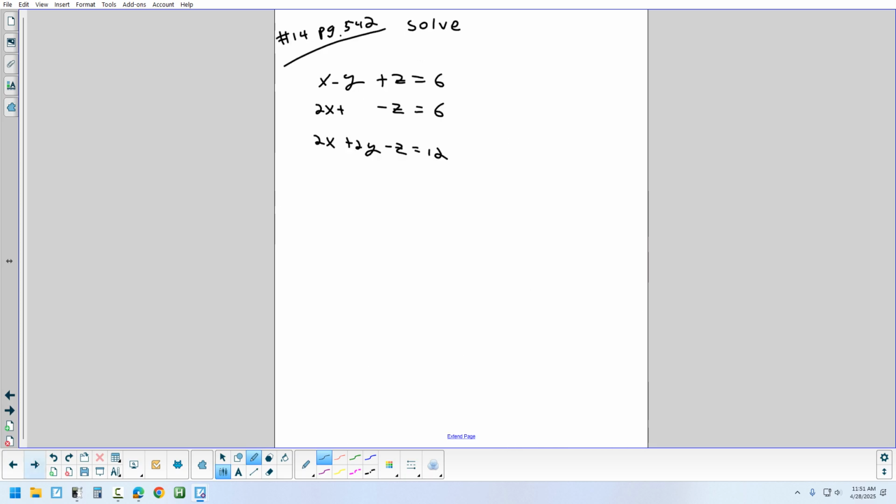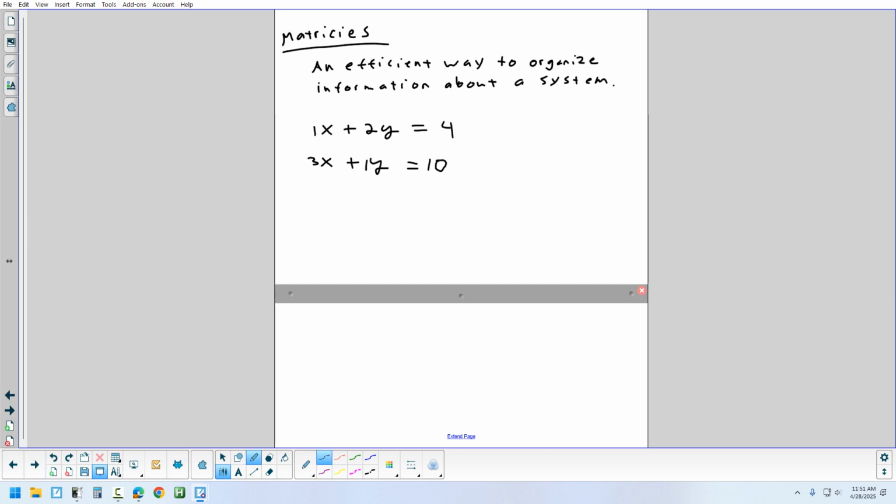So when we start to use a matrix, instead of writing down variables and equal signs, I can turn this entire thing into this. What I just wrote right there represents what's up above. And it was a lot less writing.